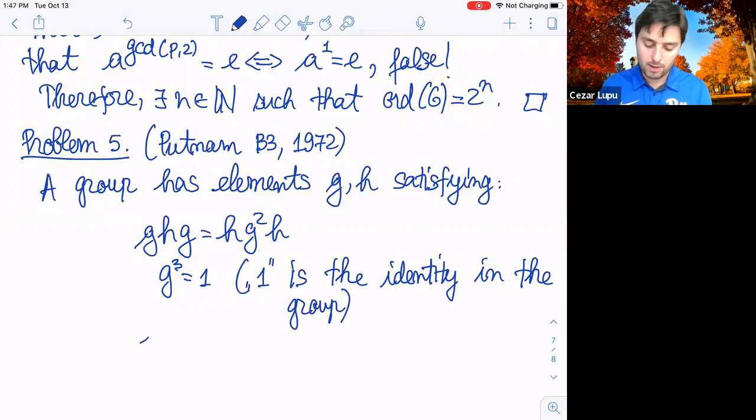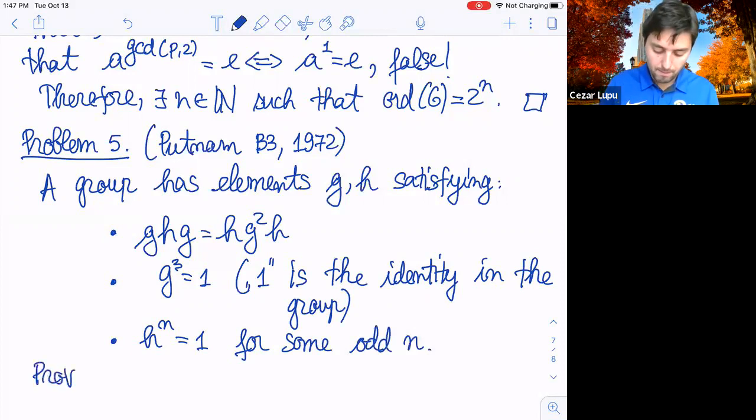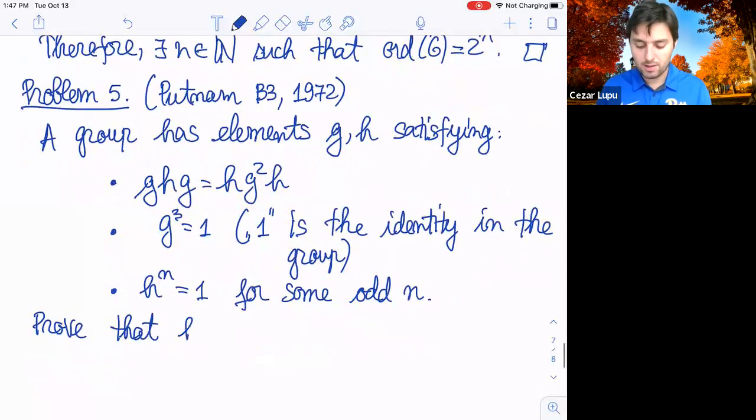That is the first condition, the second one, and the third one is that H to the power n is the identity for some odd n. Prove that H is actually the identity.